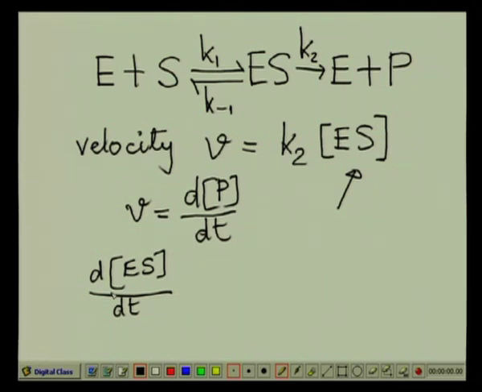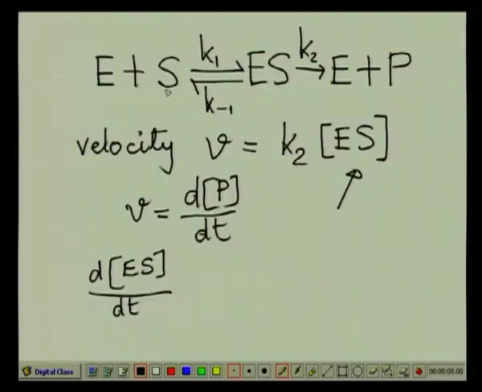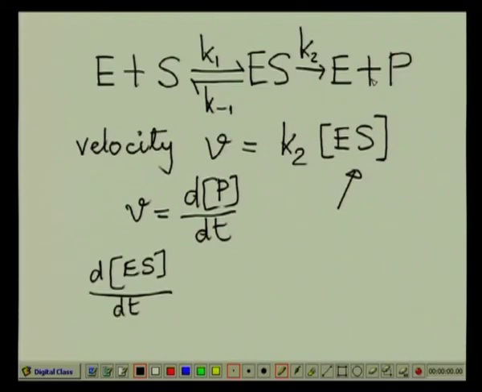right. So, if I have now a steady state, you have studied steady state kinetics, what is that? That is telling you that the rate of its destruction is equal to the rate of its formation, right. So, the production and its destruction is at the same rate. So, if I apply that to the expression that I have here, what can I write for d ES dt?